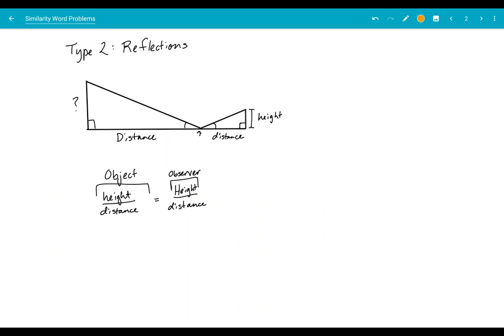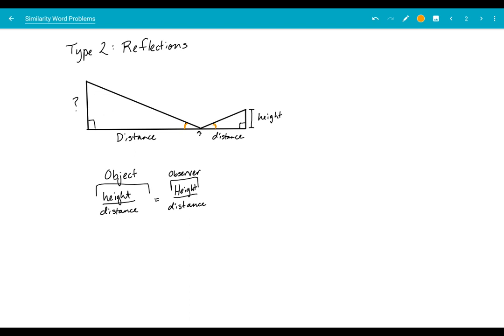Reflections also commonly create similar triangles because, especially light or objects, when they bounce off of something, generally create the same angle when they do so.